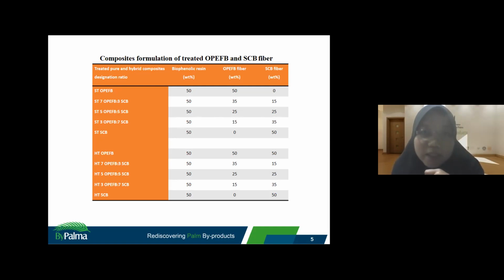Basically, the phenolic resin content we keep constant at 50% weight, and we vary the mixing ratio between OPEFB fiber and SCB fiber. The same goes for the hydrogen peroxide treated composite.